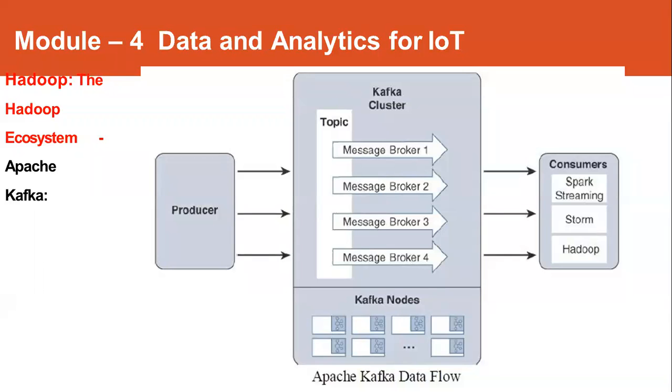Here you can observe the producer writes the data on the topic, handled by brokers, and the consumer reads the data from this cluster. The data obtained from the producer is stored on the nodes in a distributed manner.